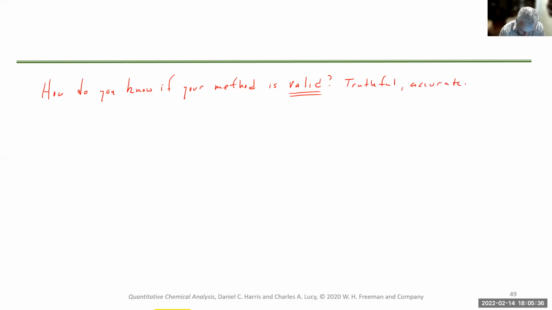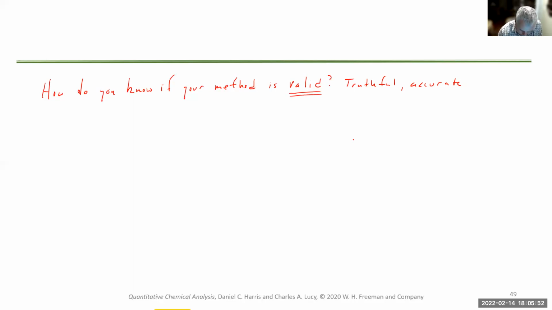You can often measure precision, and precision and accuracy aren't the same thing, of course.